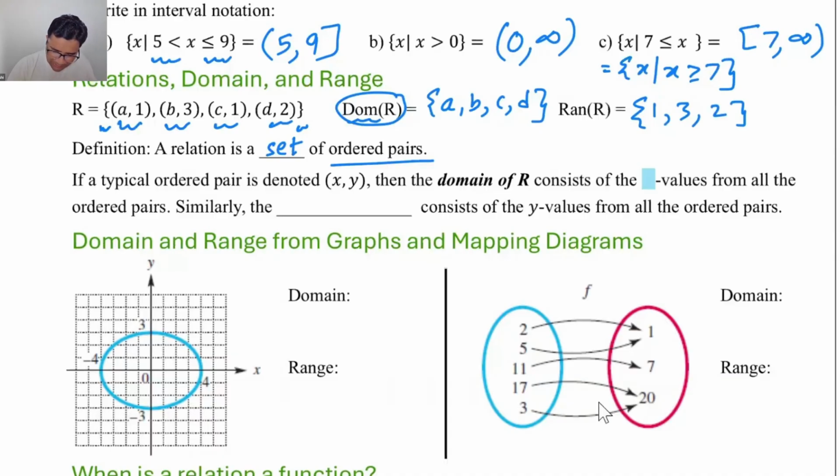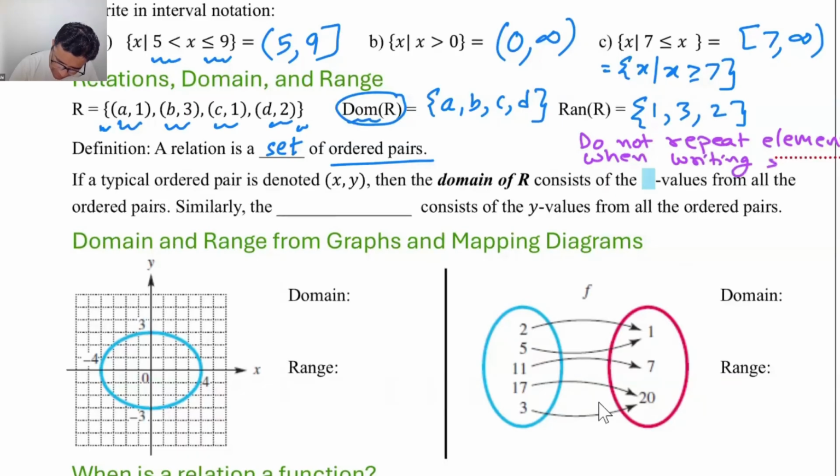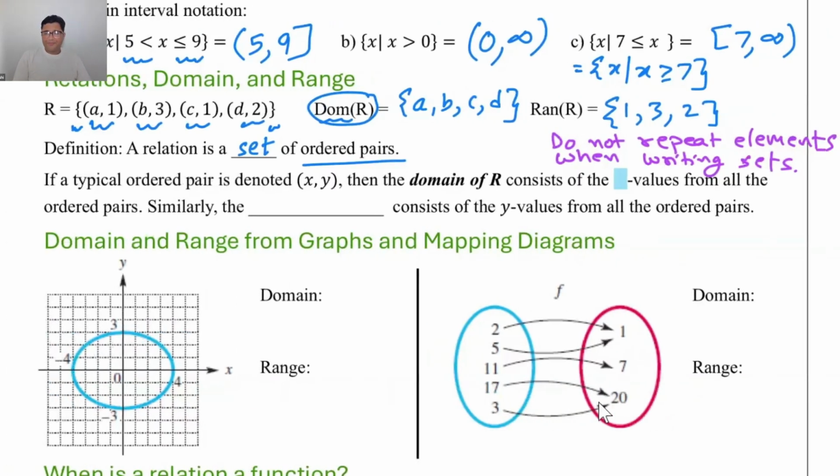If you never had an introduction to sets before, then I have to mention that here. Do not repeat elements when writing sets. I wrote it as an instruction here: do not repeat elements when you're writing sets.